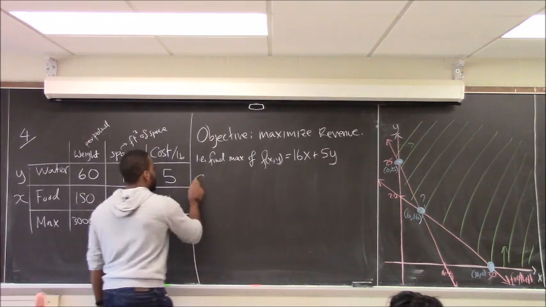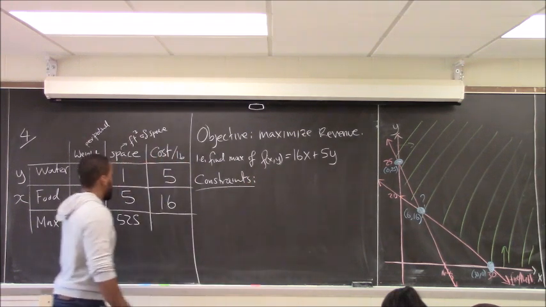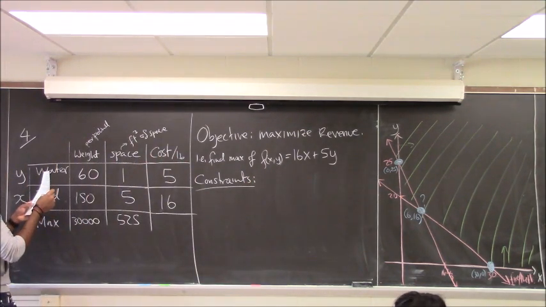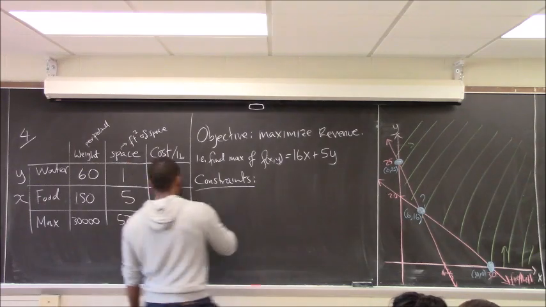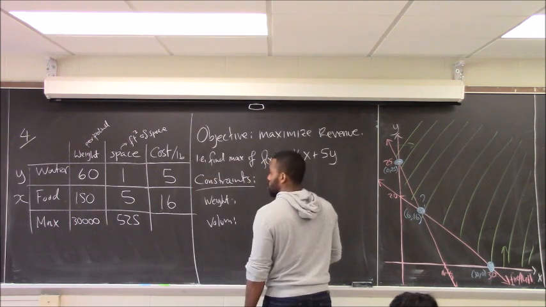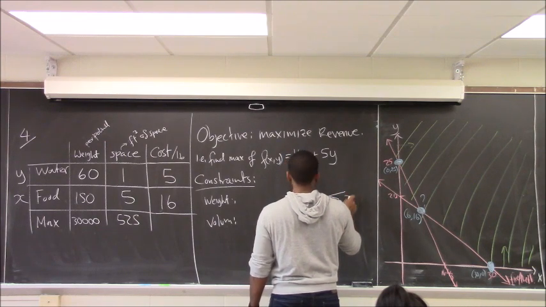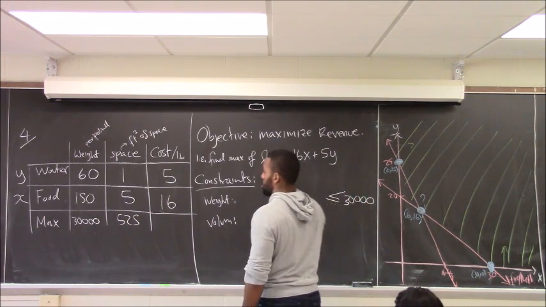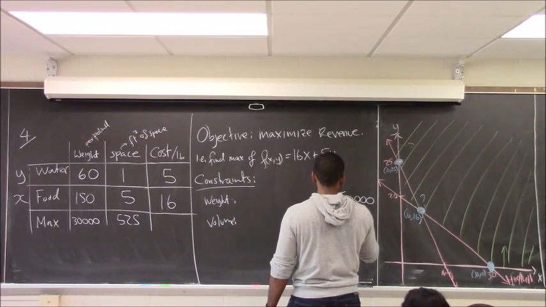Now we have our constraints to worry about. And what are the constraints? Can't go above 30,000. So we have constraints on the weight and the size. Basically, weight and volume are constraints here. So the weight must be less than or equal to 30,000, and the volume must be less than or equal to 525.